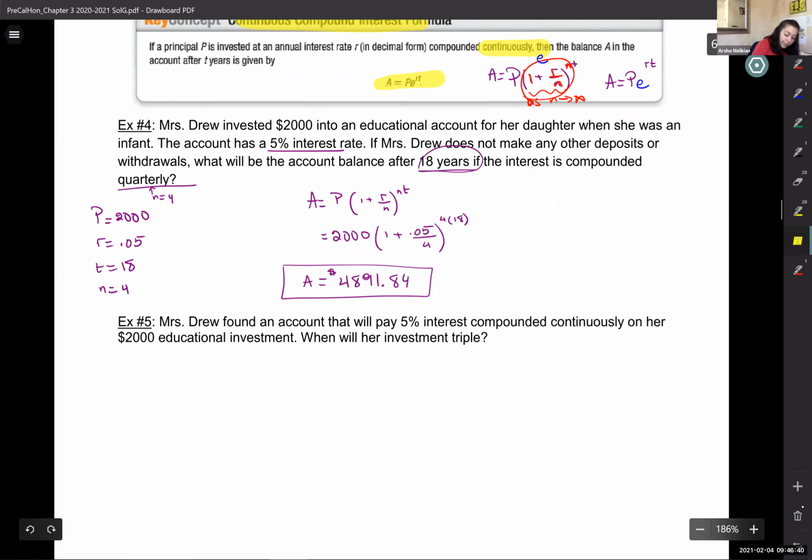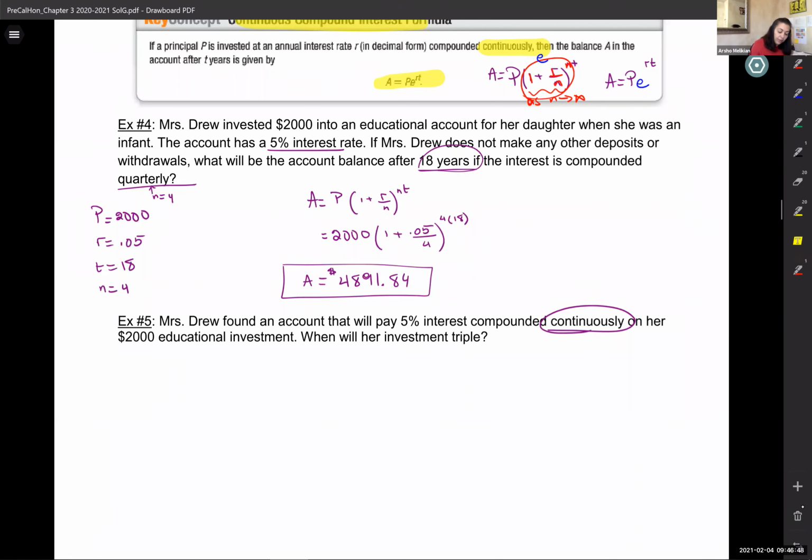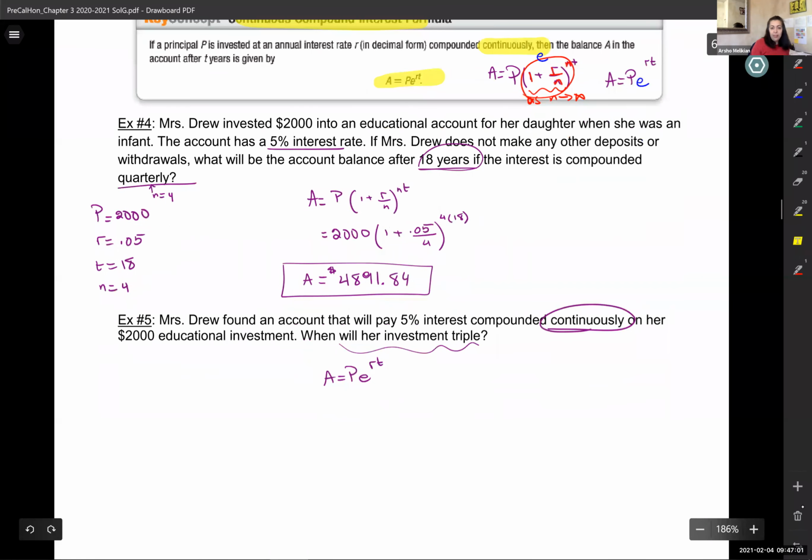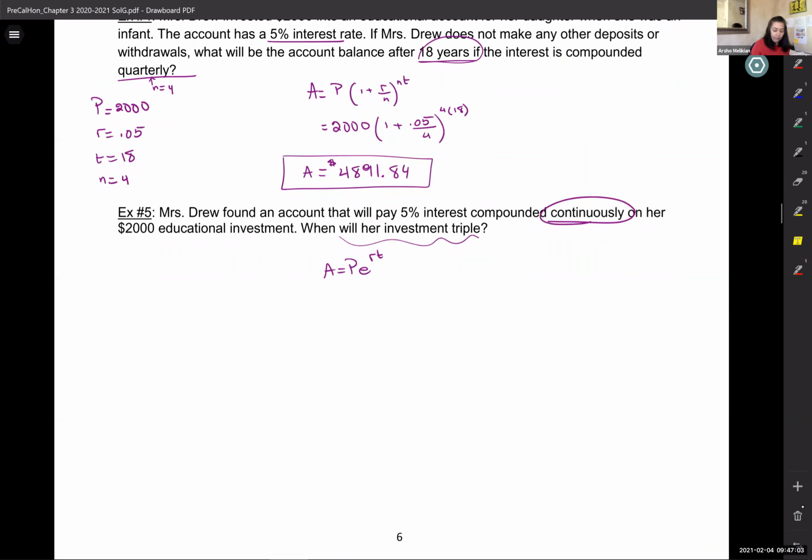Mrs. Drew found an account that will pay 5% interest compounded continuously on her $2,000 educational investment. When will her investment triple? Okay. If it's compounded continuously, then I know I'm using the PERT formula. P is still 2,000.